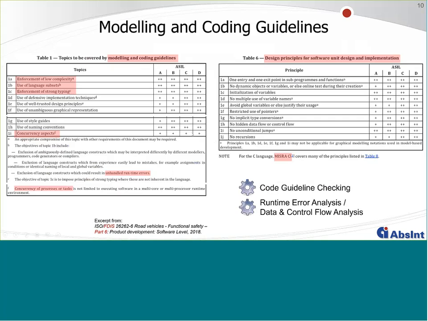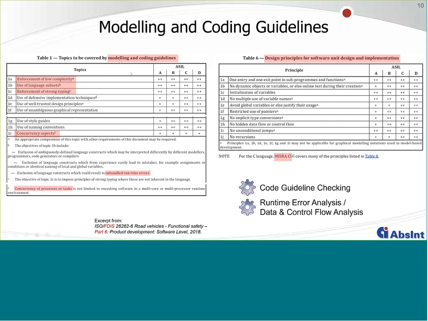Now, still in the area of fundamental topics, if you want to program a system, you have to think about a programming language. What's the good programming language to do this? You have to select an appropriate programming language and think whether you should apply some modeling and coding guidelines, if it's not perfectly suited, to make it suited for the application. So that's something you definitely have to consider.